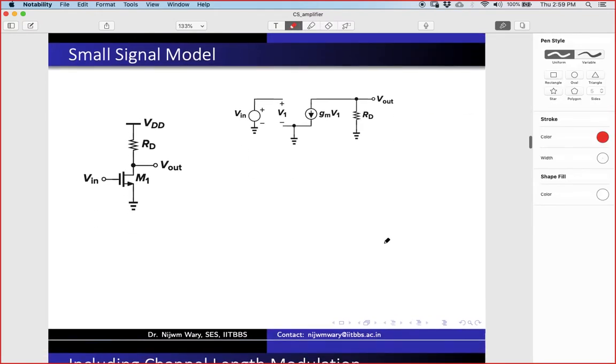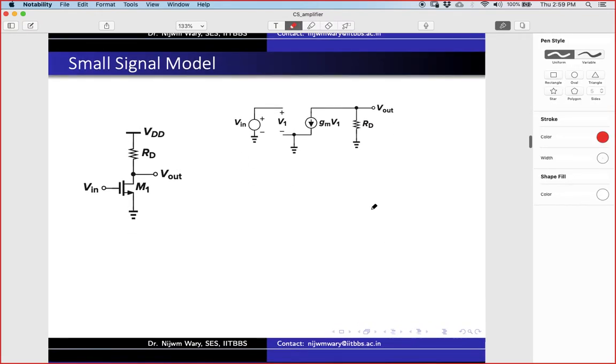The next is, we'll do some small signal analysis, right? If we are dealing with a MOSFET, as we mentioned last time, we have this gm VGS. We just need to make the VGS plus and minus here, and then we have this drain, this gate, and this source, right?